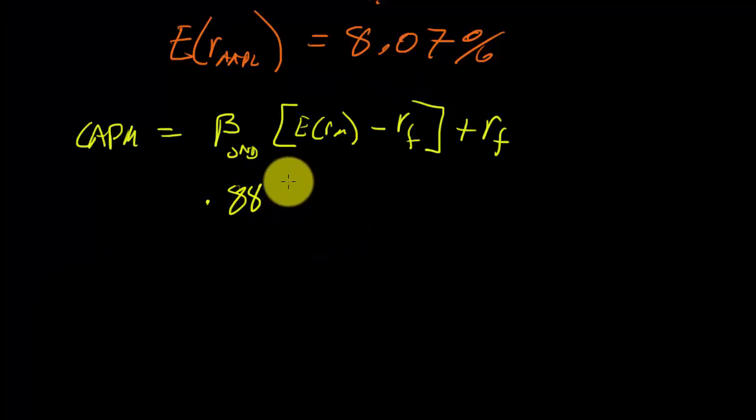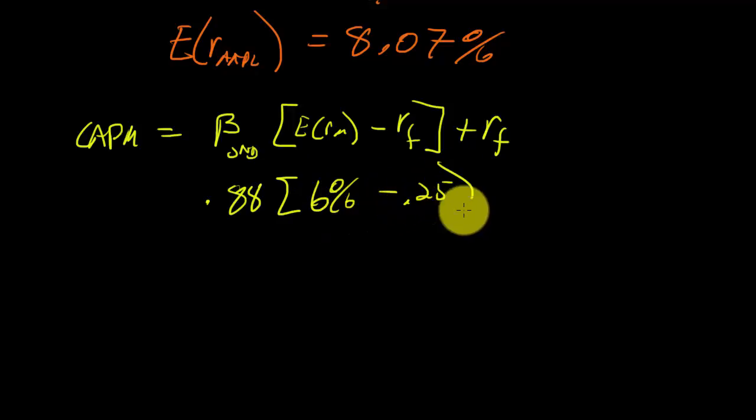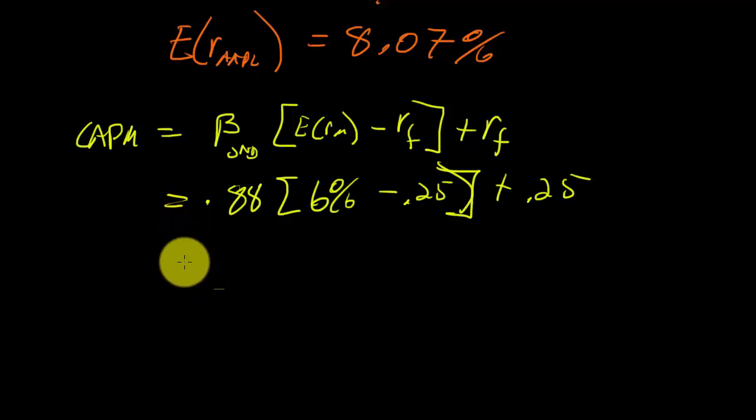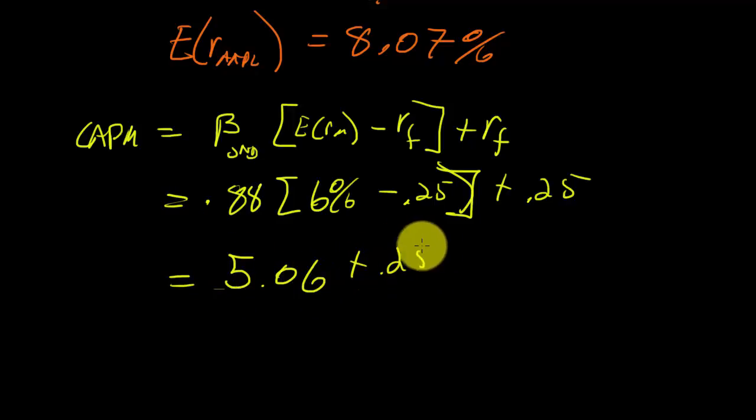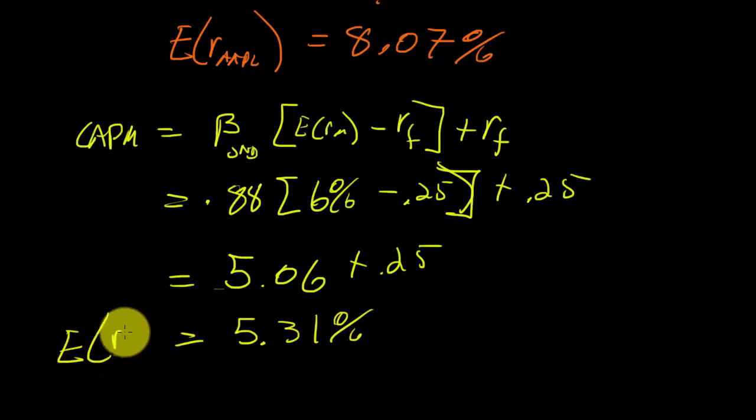So 0.88 times 6% minus 0.25%, this is a bracket, plus 0.25% gives me 5.75 times 0.88. So that's going to be equal to 5.06 plus 0.25, which is equal to 5.31% as the expected return of Johnson & Johnson.